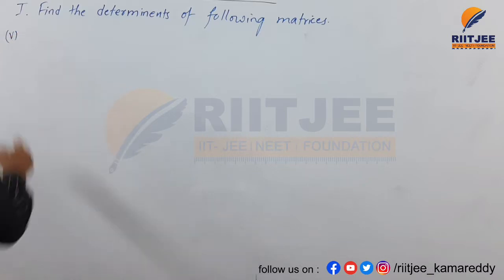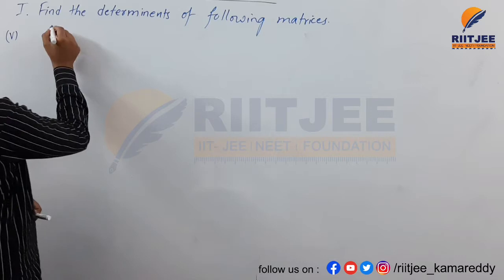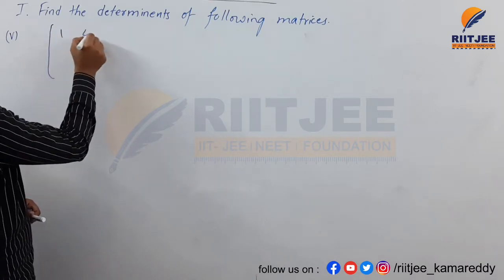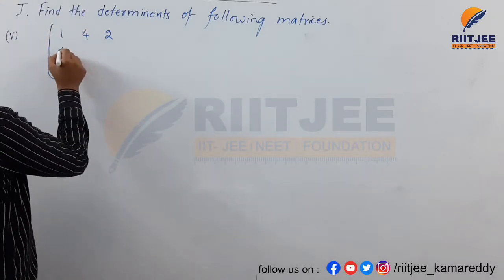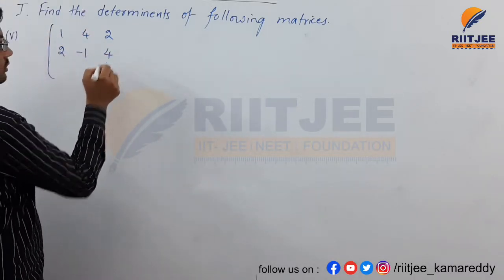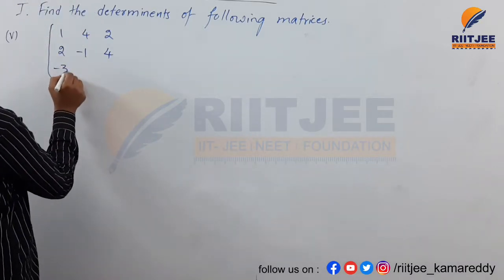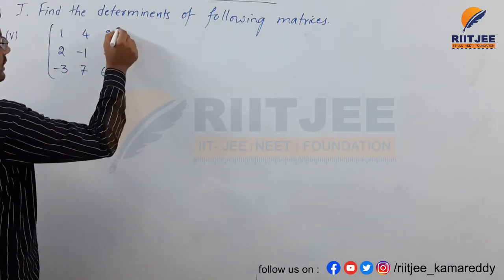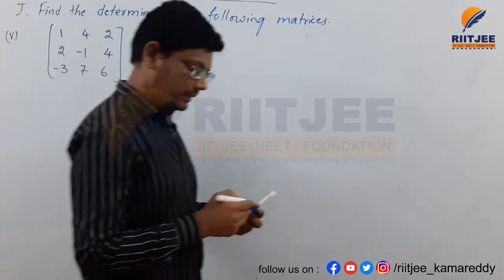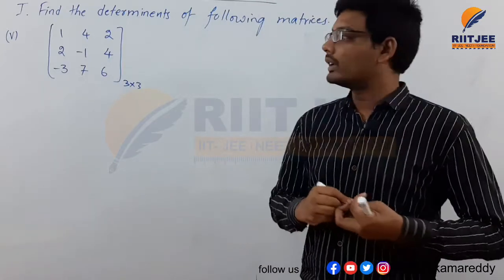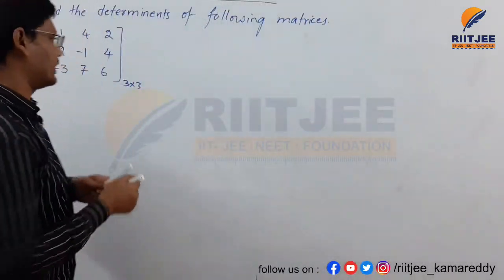The fifth question is 1 4 2, 2 minus 1 4, and minus 3 7 6. This is a 3 by 3 matrix given, and we need to find the determinant of this matrix. I am assuming this matrix is A.